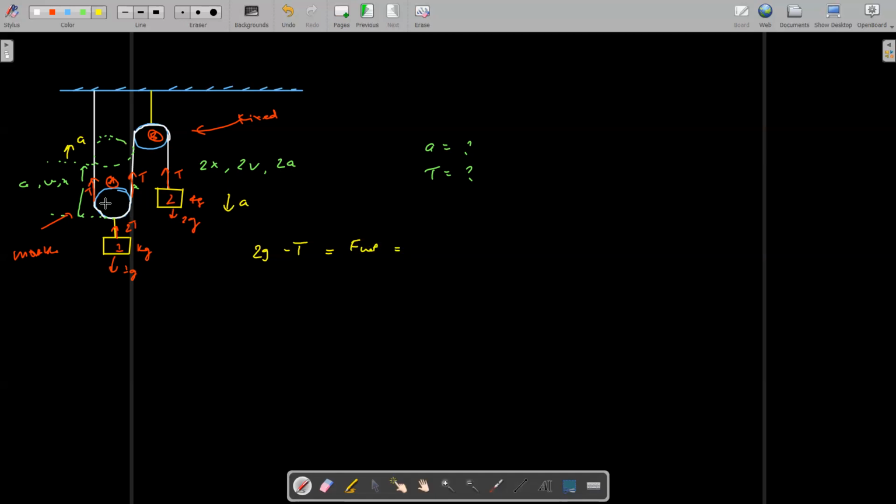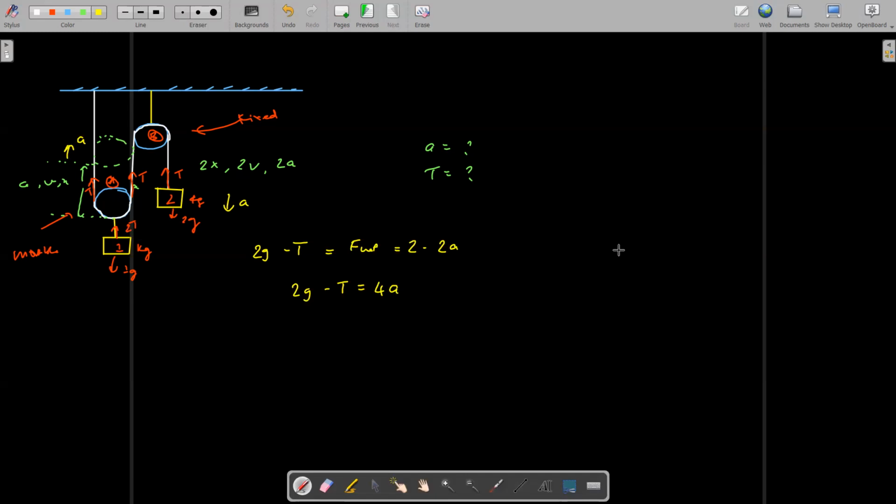If x is the displacement here, then there it is 2x, so 2a will be the acceleration. So m2 into 2a, that is 4a. 2g minus T will be equal to 4a in this case.